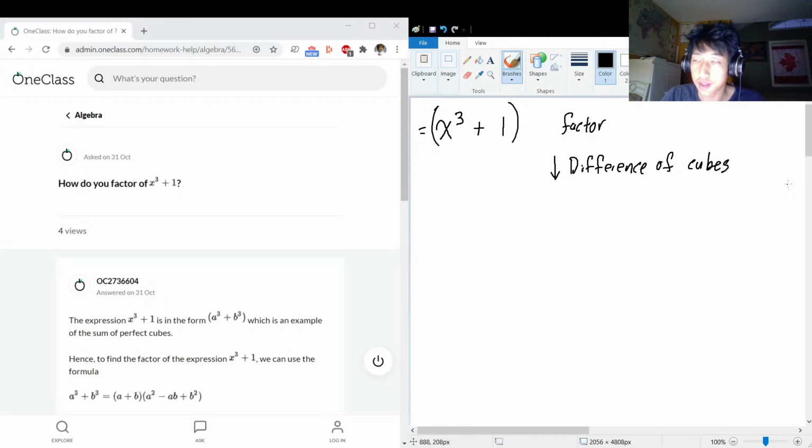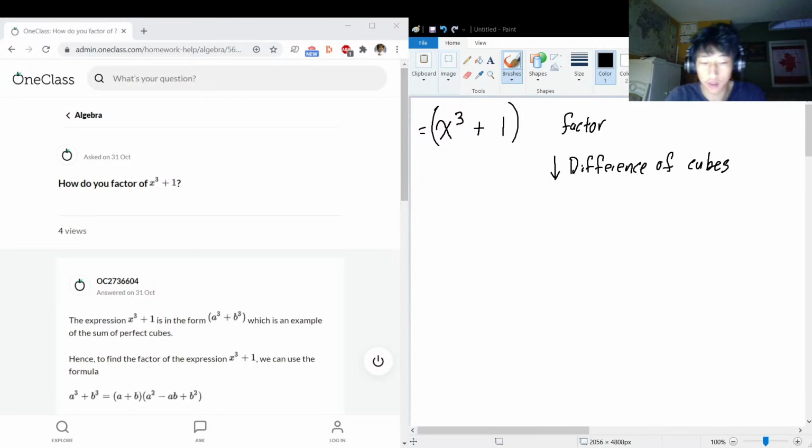Anytime you're trying to factor and it's two terms added together and both of them are cubes of something, like x to the power of 3, that's clearly x cubed, and 1, well, that's 1 cubed, you can pull something like this, and this will be a nice way to handle this.